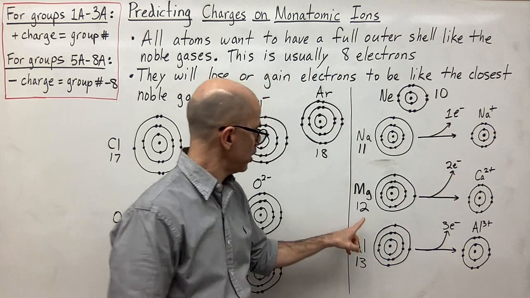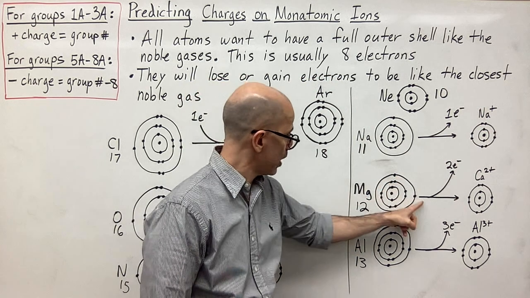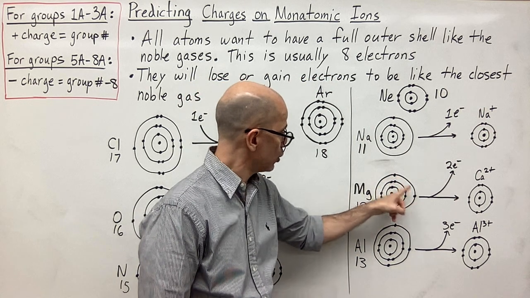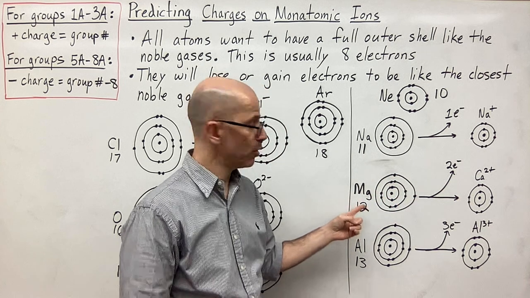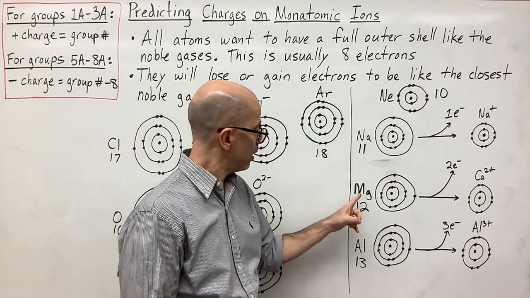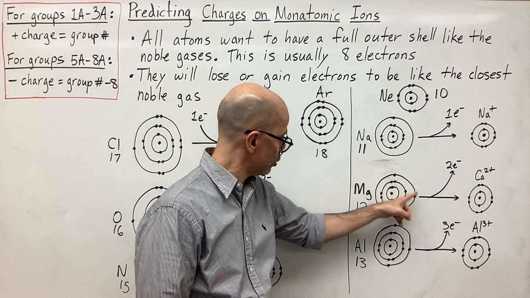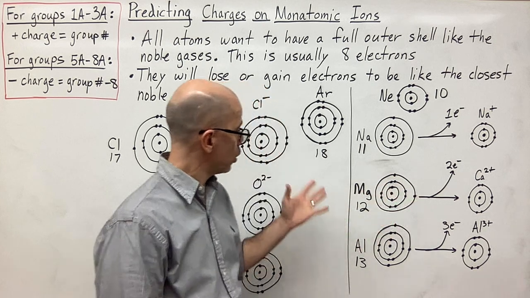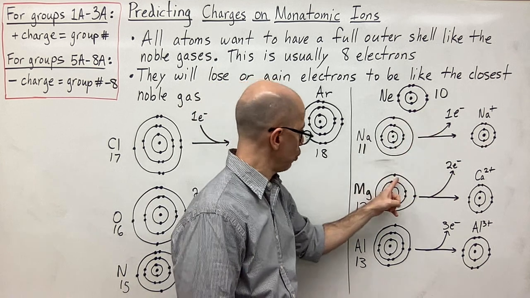So with the magnesium, it's got 12 electrons. Notice it's got 2 electrons in the outermost shell. It's in group 2. So remember the group A number corresponds with the number of valence electrons, the 2 electrons in the outermost shell. So in this case, to be like neon, it's going to have to lose those 2 electrons.